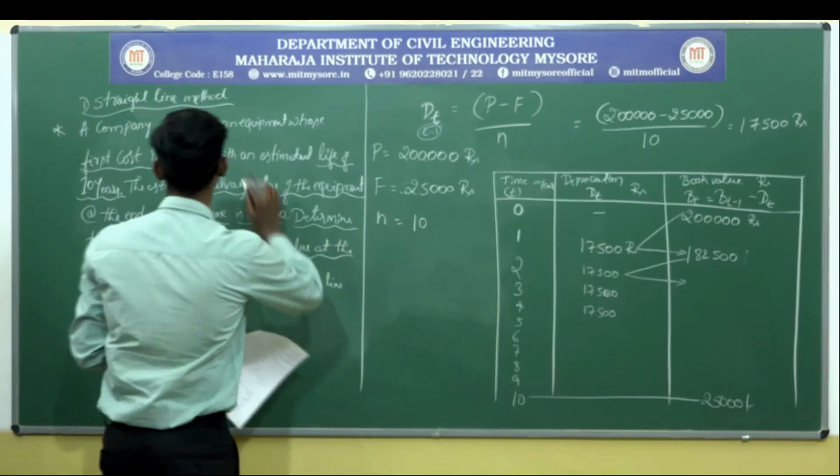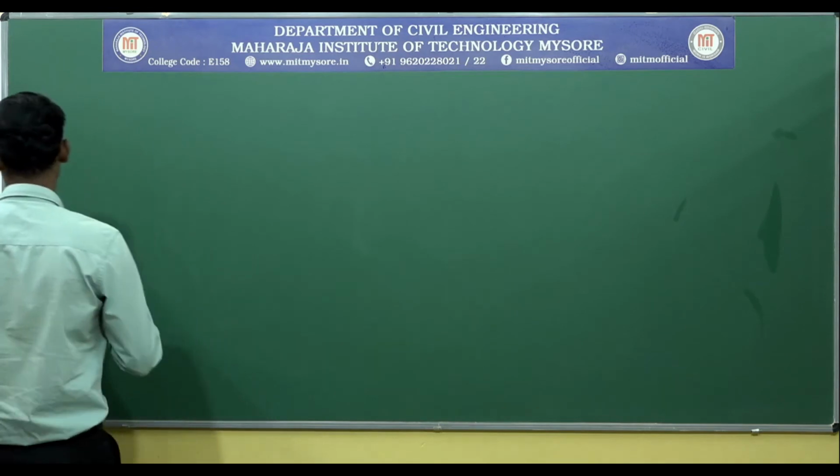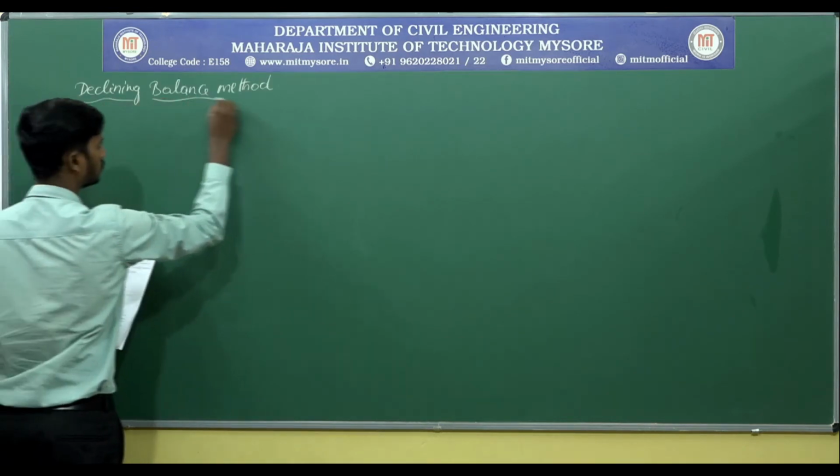Okay, let me erase this. The next method of depreciation, the second type of problem we will solve now, is the declining balance method.